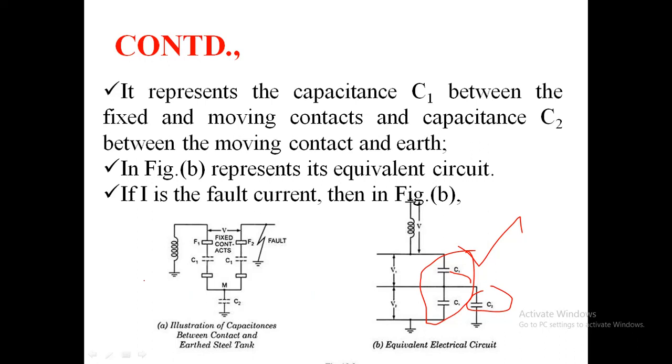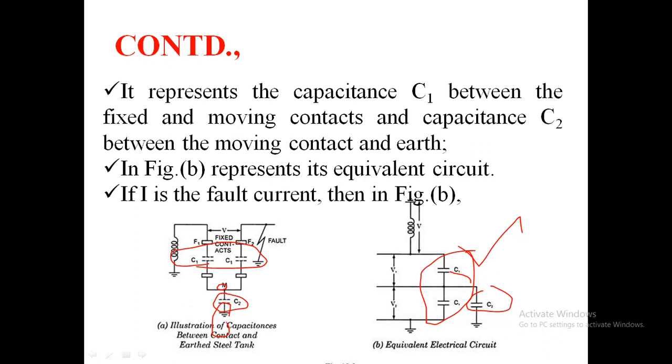If we represent the diagram here, both the C1 are presented between the fixed contact, and C2, where M represents the moving contact, is presented between the moving contact and the earth. So this is your equivalent circuit diagram.